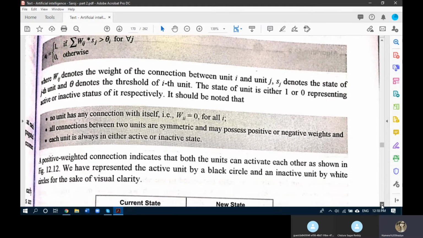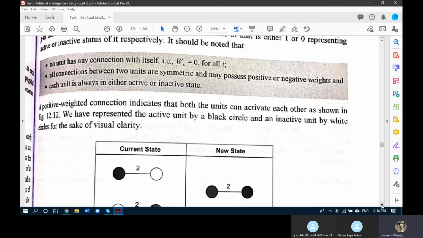And these are certain points to consider while designing this network. No unit has any connection with itself, although they are connected with other nodes, they don't have self connection. That's why wii is equal to 0.